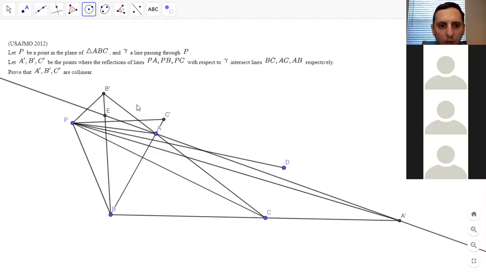Yeah, we have PA and PA prime isogonal, and B prime are isogonal. So the intersection of B prime A and A prime B. So, B prime A and A prime D. So yeah, so I let E be the intersection of those two, right?